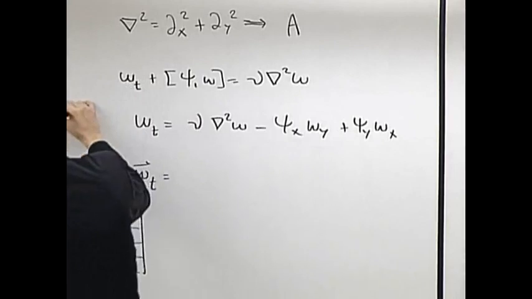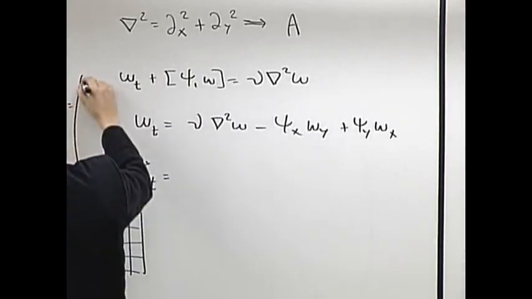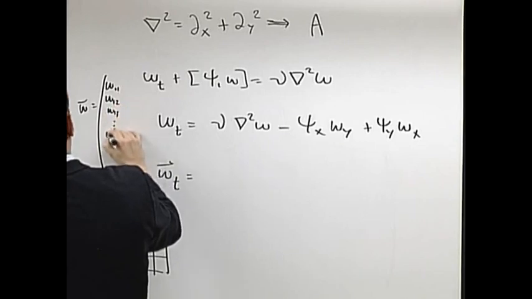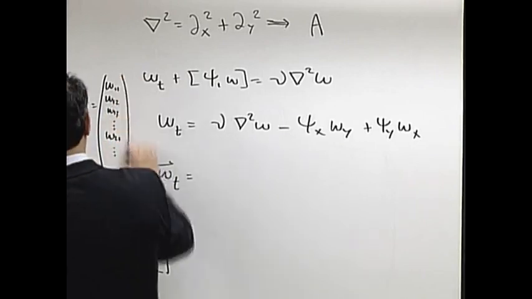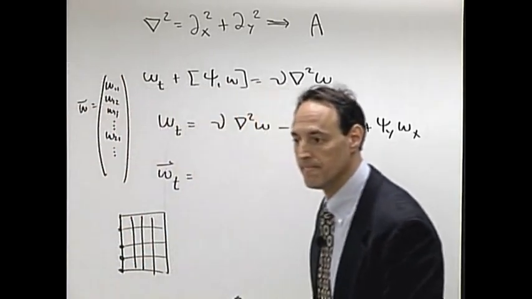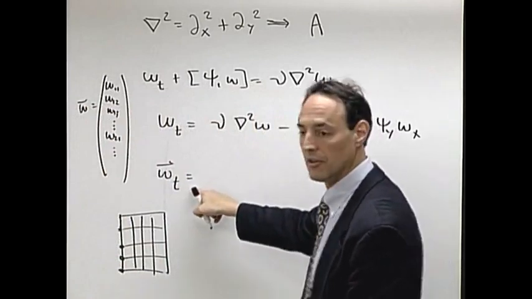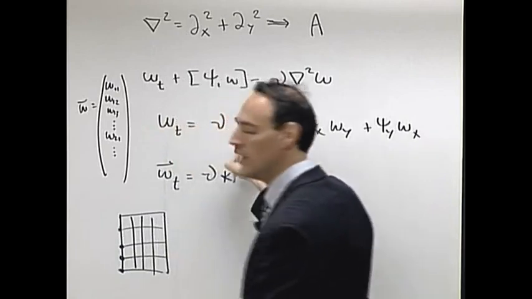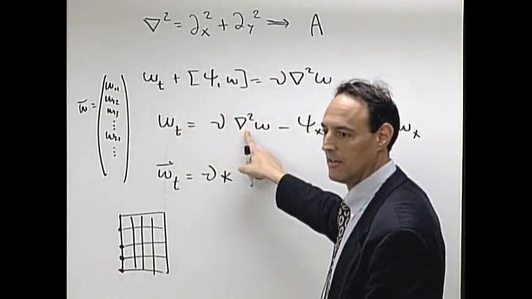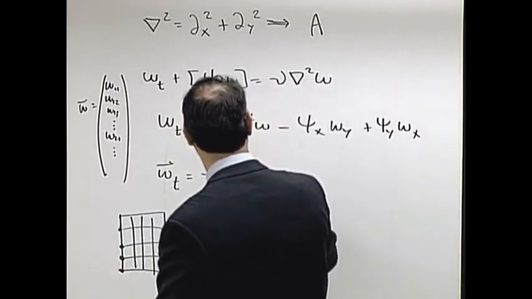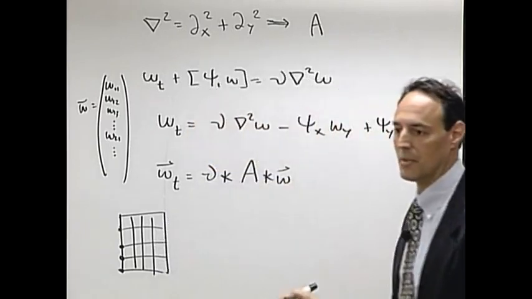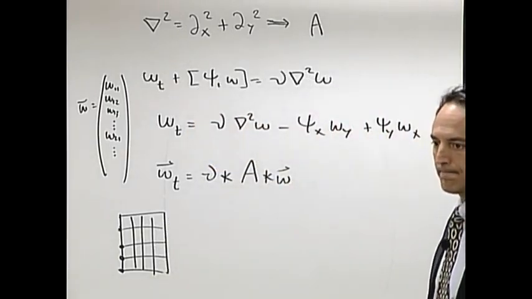So we had omega is equal to omega 1,1, omega 1,2, omega 1,3, and then omega 2,1. That's how we arranged the data. And so we'd have this is equal to nu times that del squared is just that. It's a matrix multiply.